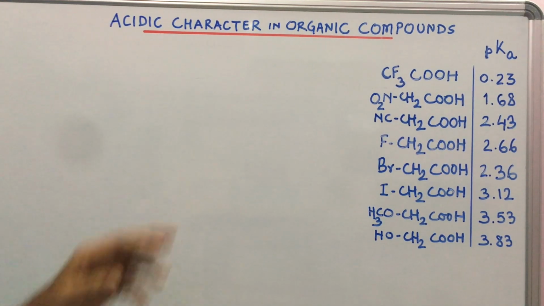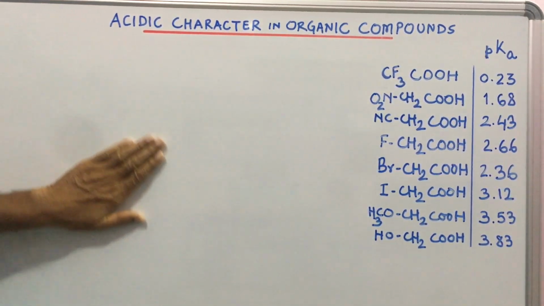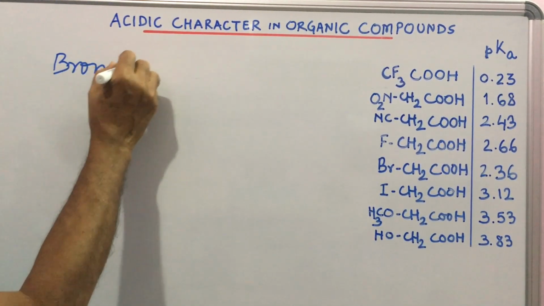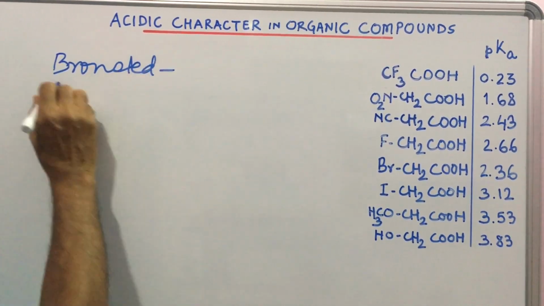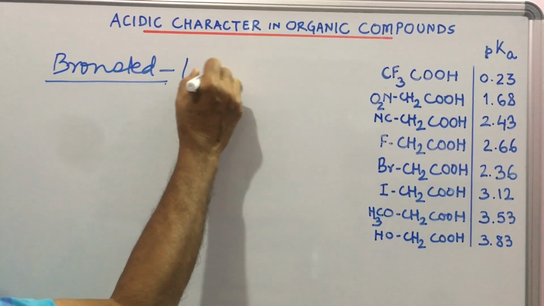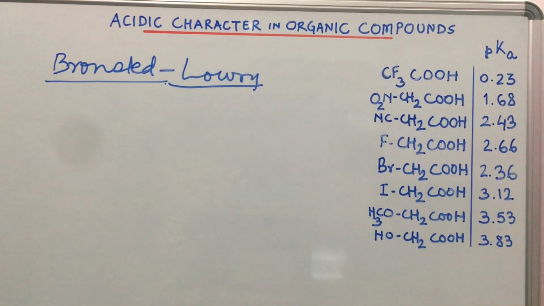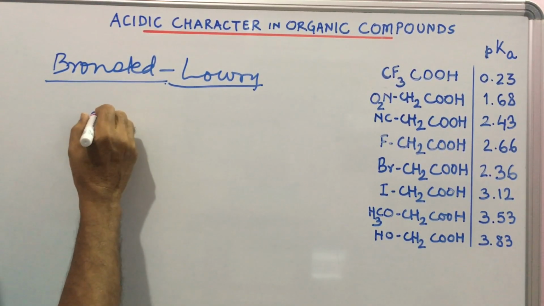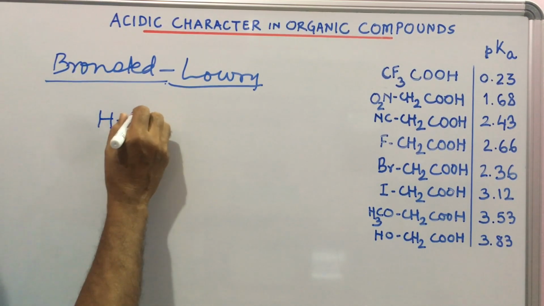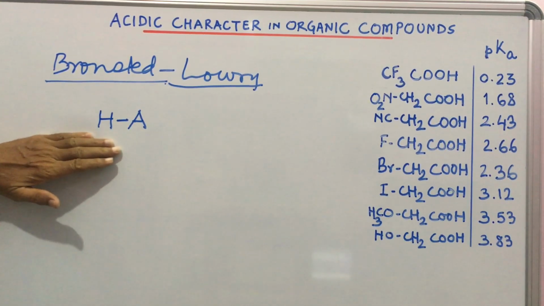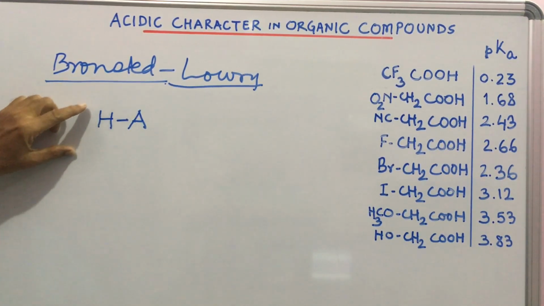As regards organic compounds, we observe only Bronsted-Lowry type acids. So, we will concentrate on this. Let us take HA. This compound has one hydrogen here.